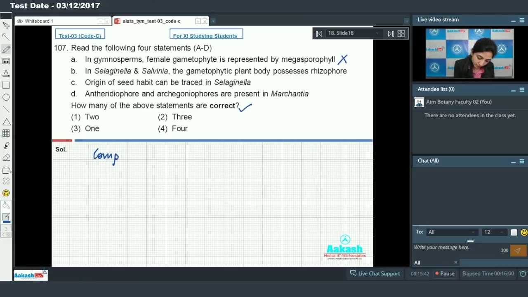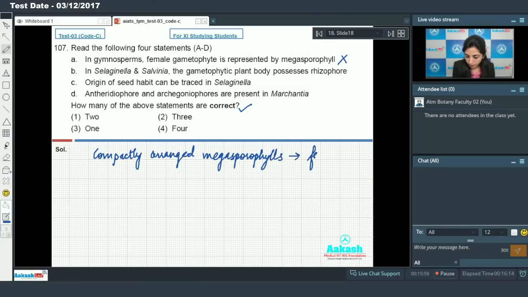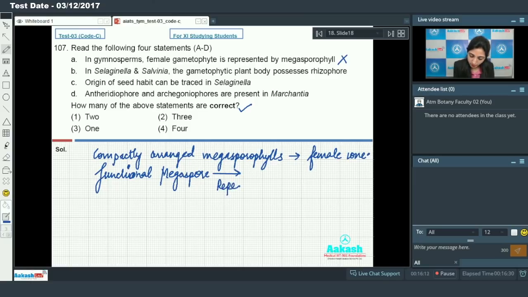Compactly arranged megasporophylls form the female cone, and the functional megaspore undergoes repeated divisions to form the female gametophyte. So this is an incorrect option.